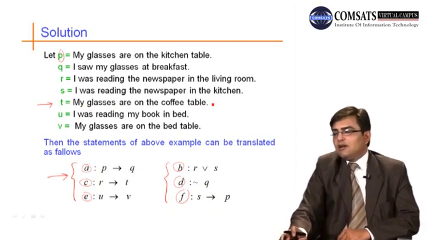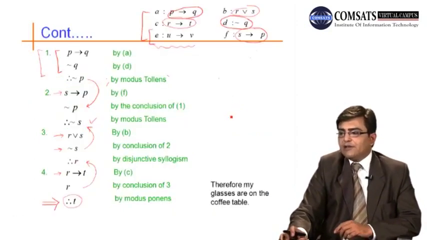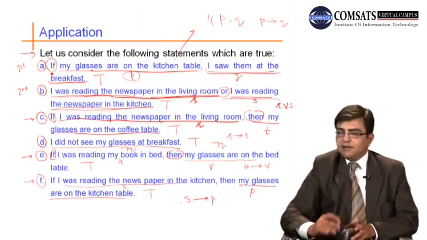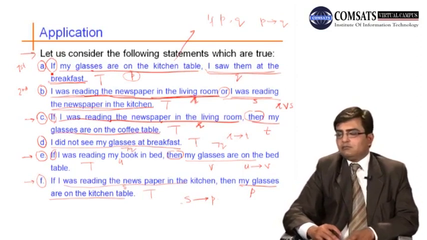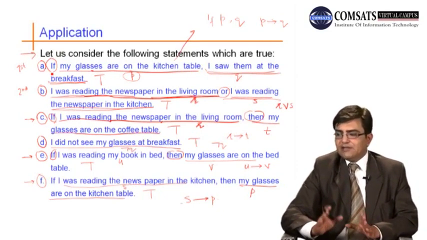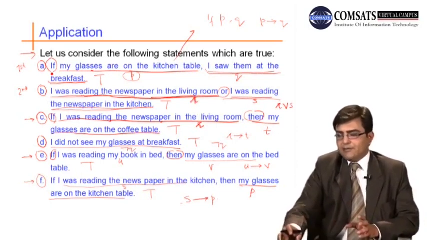So now, what is the conclusion of this argument, where to find the glasses? A man recalls some sentences, or you can say statements, in his mind, and he develops an argument, and on the basis of these assumptions he wants to draw a conclusion.